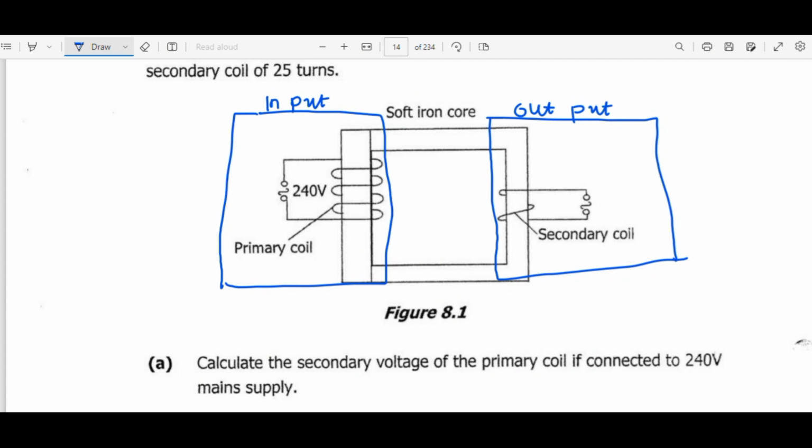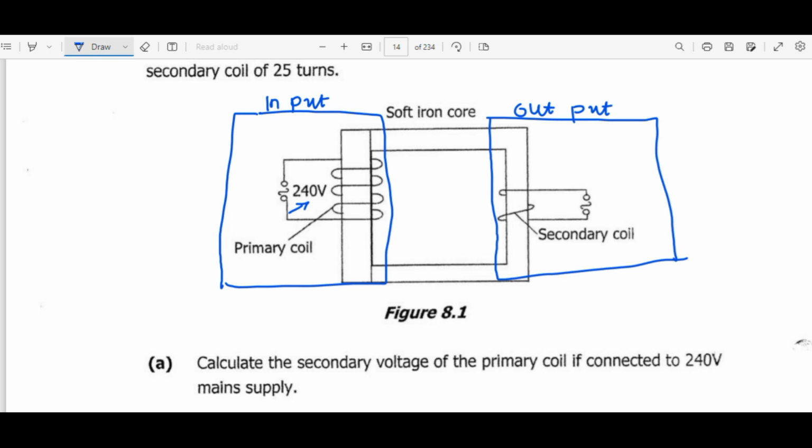The first question is to calculate the secondary voltage of the primary coil if connected to a supply. This time you are given the input voltage, but the question is to find the output voltage.